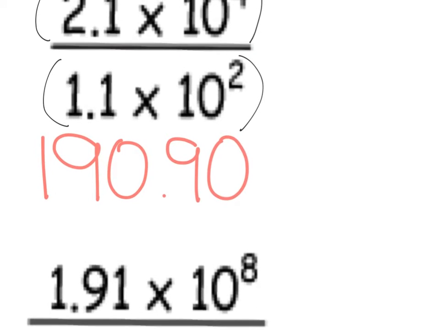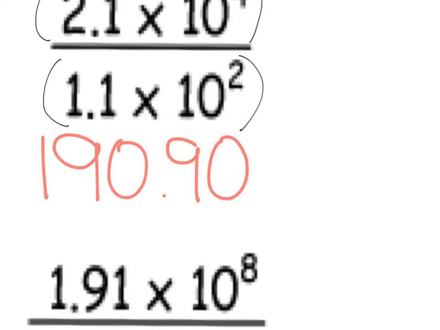But that's not in scientific notation. Can someone put that into scientific notation for me? If I wanted to put this number into scientific notation, what would I have to do? Right now it's in standard notation. I want scientific. Go ahead. You would have to move it over 2 times.